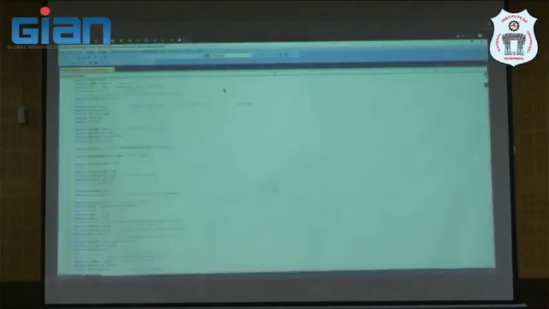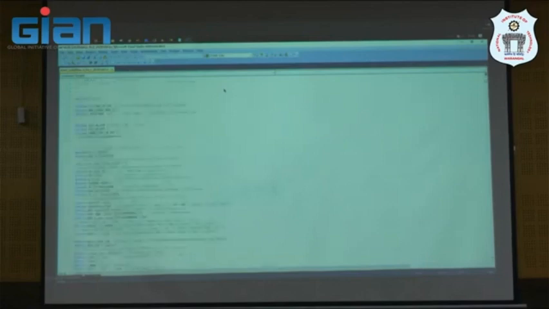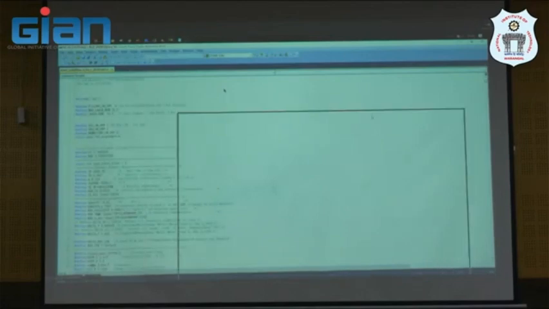Very complex case. It's about 2,000 lines in this case. So now it's not 10 lines like previously.